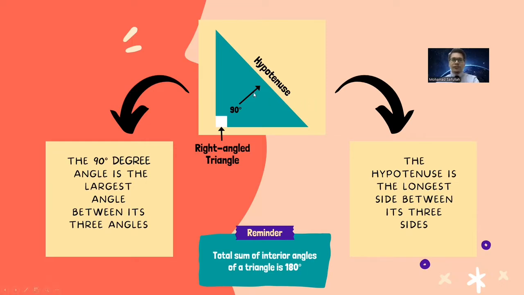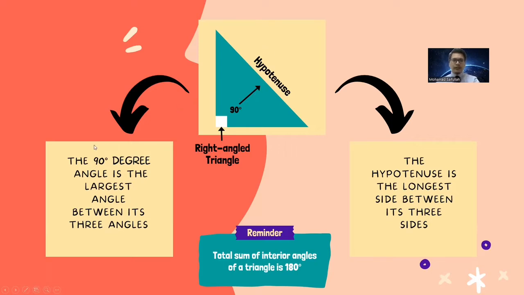So basically, a right angle triangle has 3 sides, and one of the sides is called the hypotenuse. So how do you know where the hypotenuse is located? It is located opposite to the 90 degree. So this is the 90 degree, and opposite to it is the hypotenuse.